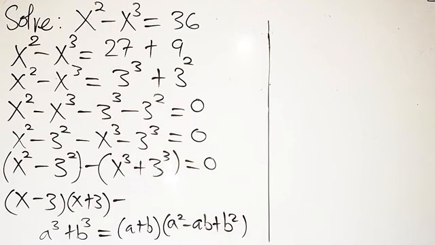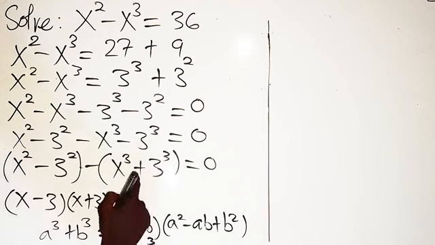So that is the form whenever you have this, that is the sum of 2 cubes. So here, this is my x now, and this is 3. Are you following? So therefore, a is x, b is 3.